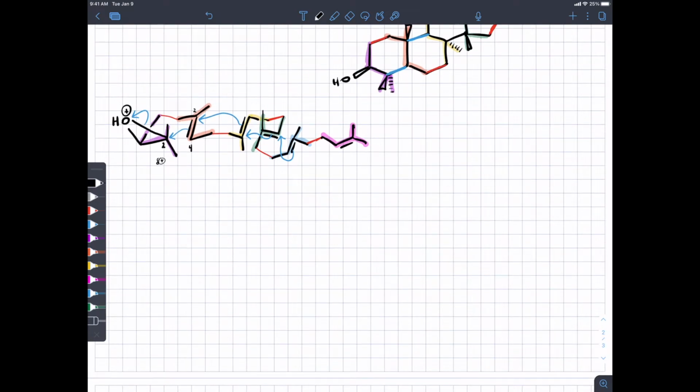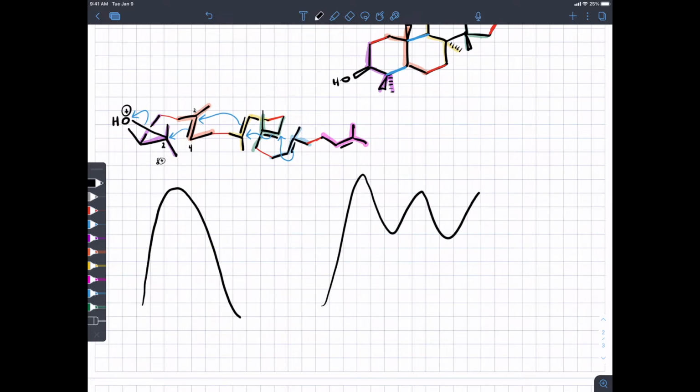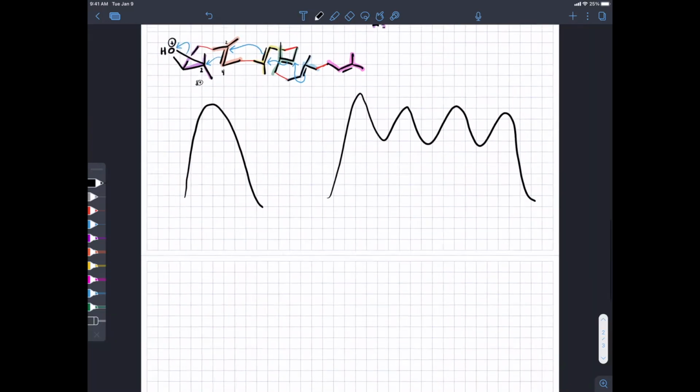But it also seems unrealistic that all of these things should happen simultaneously. So what we're likely seeing is something in the continuum between a single-step reaction like that versus a multi-step reaction like this, where there are discernible intermediates and transition states.